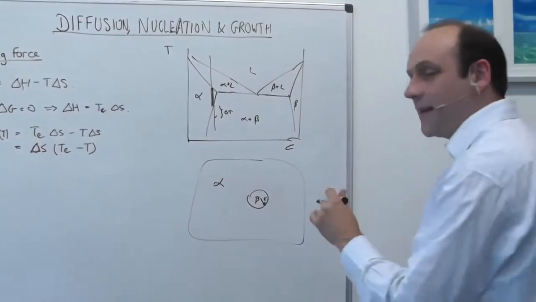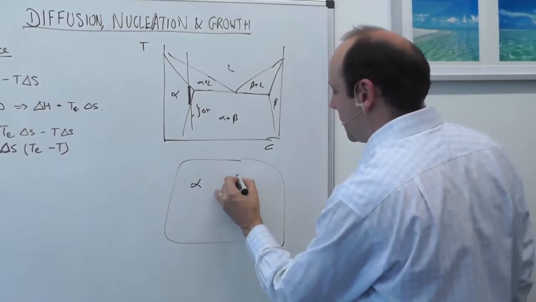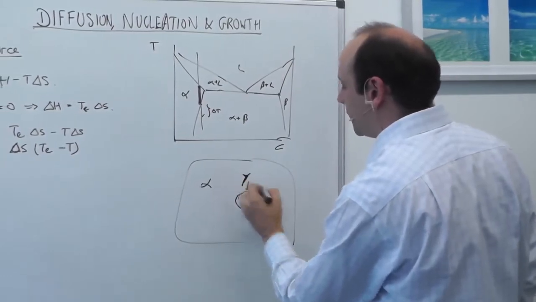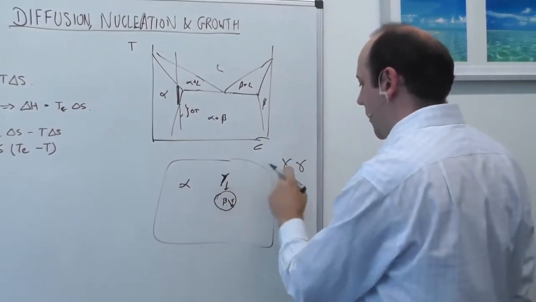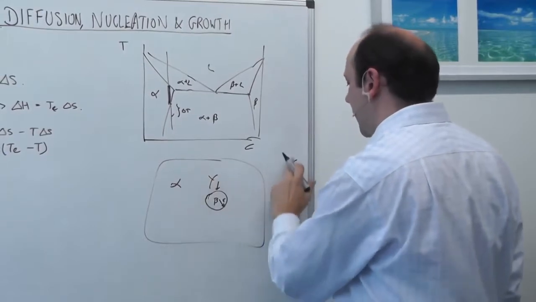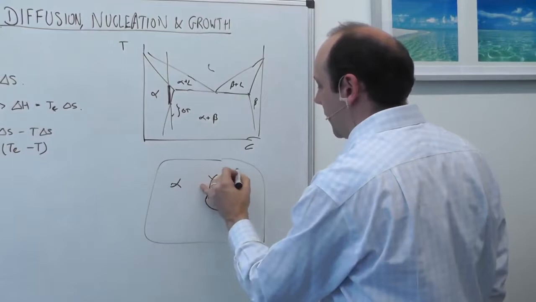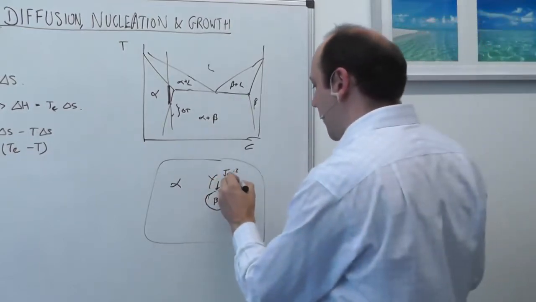And say that there is an energy associated with the surface, which is gamma. So you can draw gamma like that, or you can draw gamma like that. I'll draw it like this. And that's going to be an energy in, if you like, joules per meter squared. It's an energy associated with the surface between the alpha and beta.